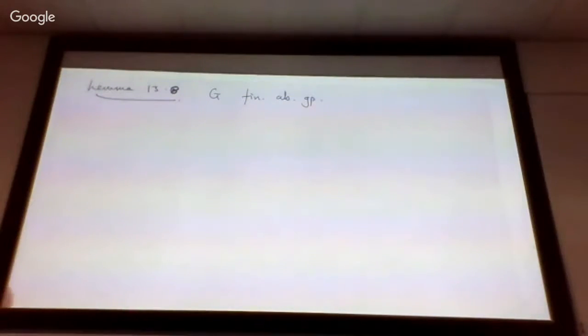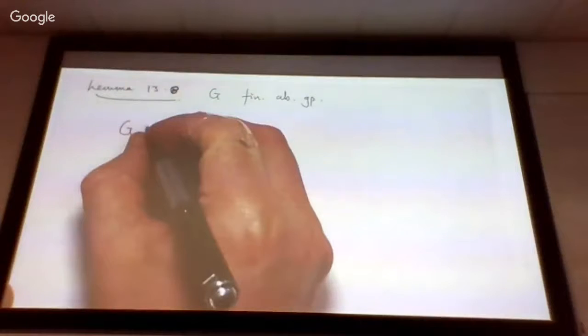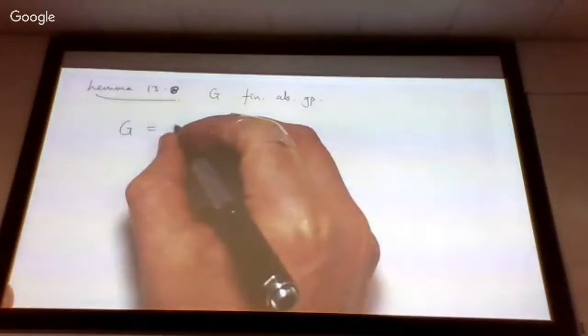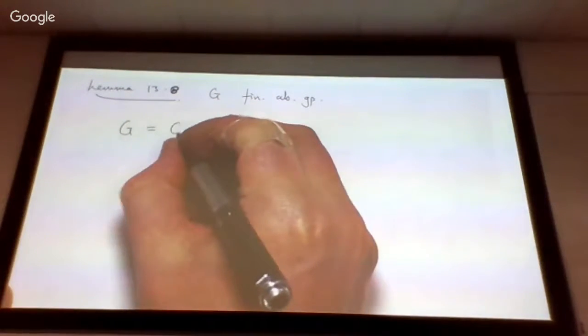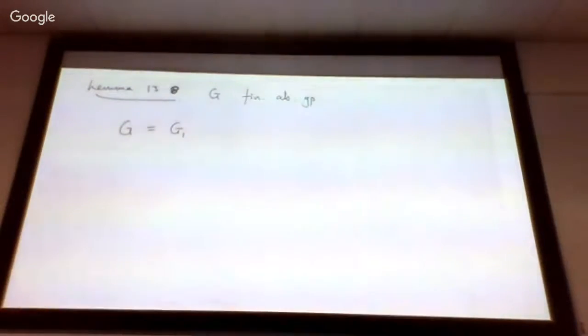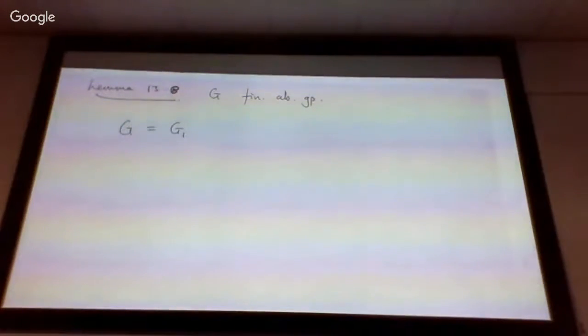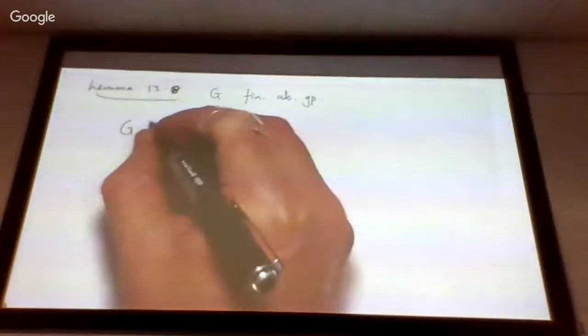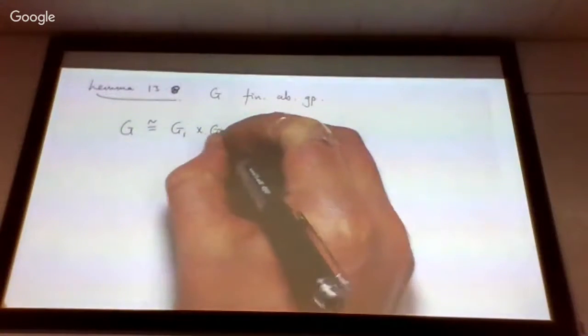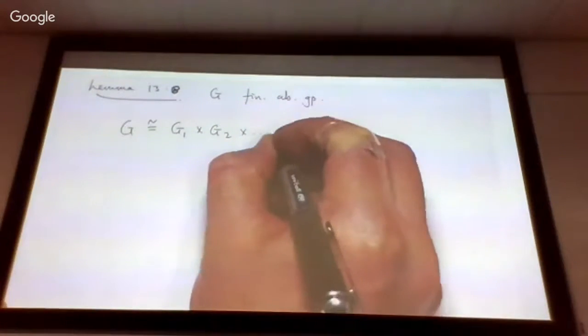This is going to show that G is isomorphic to the internal direct product of G1 times G2.